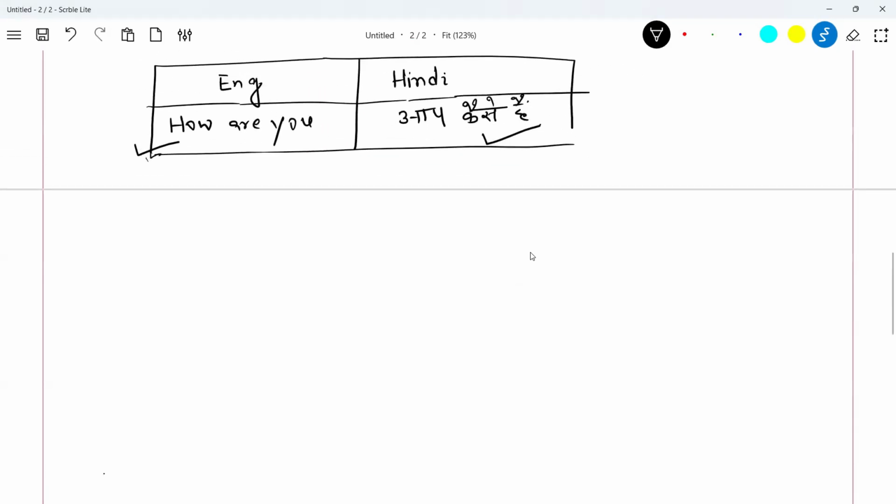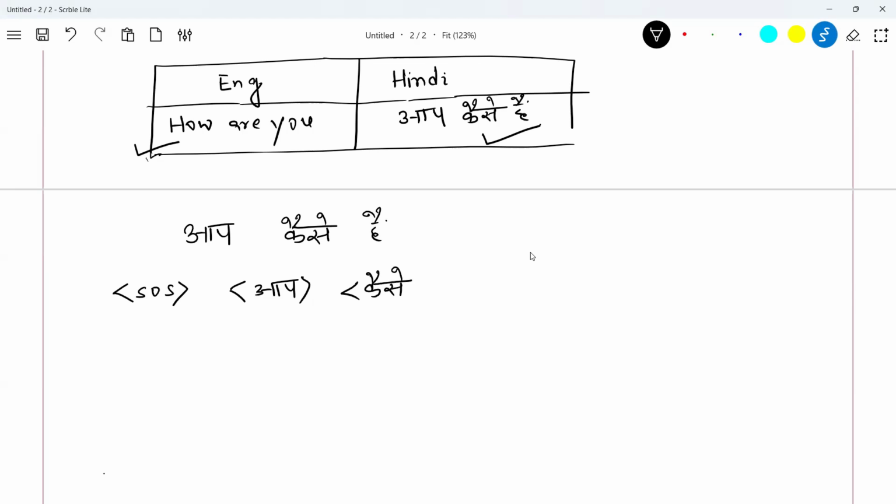Decoder needs to understand where the sentence is starting. So if you give the decoder आप कैसे हैं, what the decoder will do is add an additional start token. So start of sentence it will say, and then it will compute these tokens: आप कैसे हैं.